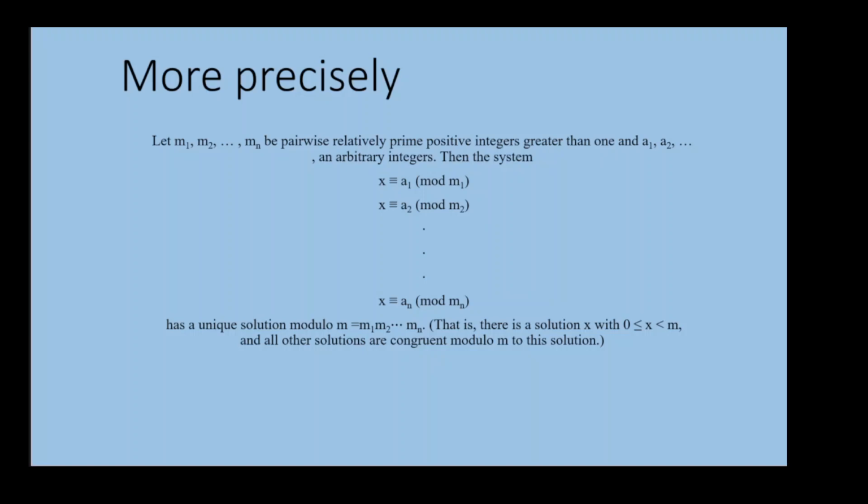Then the system x ≡ a_1 mod m_1, x ≡ a_2 mod m_2, until x ≡ a_n mod m_n has a unique solution modulo m, where m is equal to m_1 multiplied by m_2 multiplied up to m_n. That is, there is a solution x with m > x ≥ 0, and all other solutions are congruent modulo m to this solution.